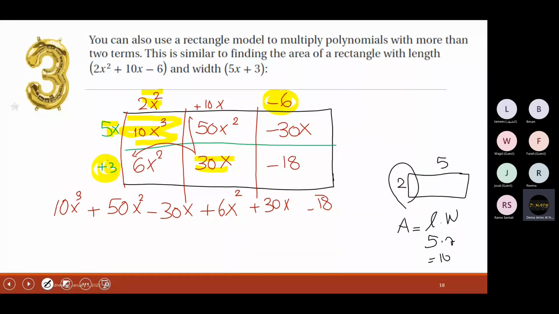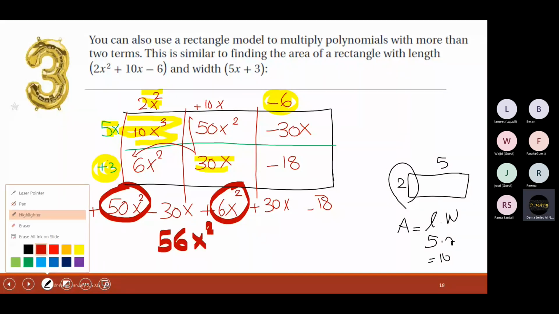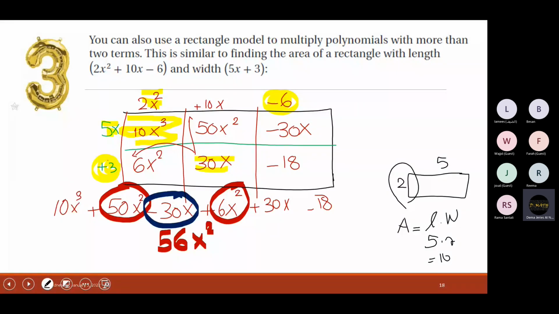Then where are the like terms? The like terms here are 50x squared and 6x squared, which give 56x squared, and we have negative 30x plus 30x. When they cancel each other, they become 0x.